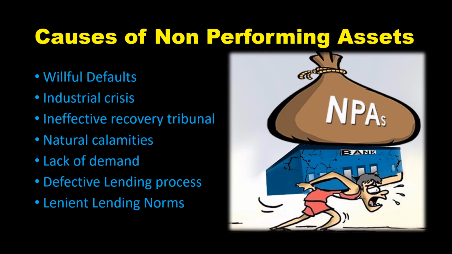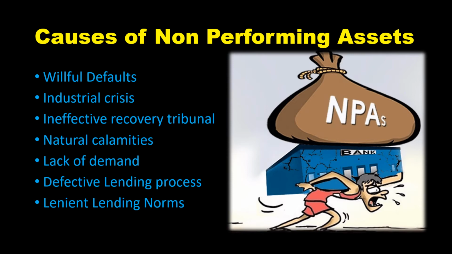So in the last session we also understood the causes of non-performing assets. Willful defaulters, that means intentionally they take loans and do not repay. Industrial crisis, like corona, where all the industries are having a financial crisis, or any natural calamities. Ineffective recovery tribunals, there were recovery tribunals, but they are not that efficient. Then natural calamities like earthquakes, floods, volcanoes, and lack of demand. Sometimes due to lack of demand, they may not be able to recover.